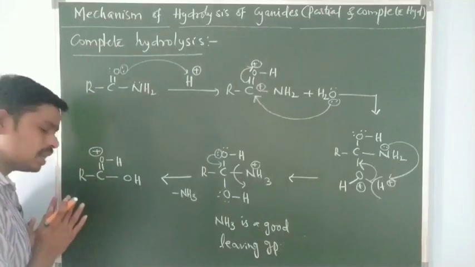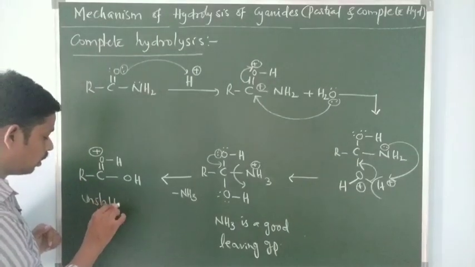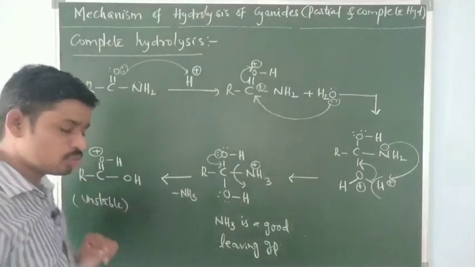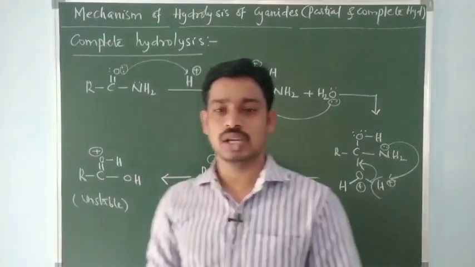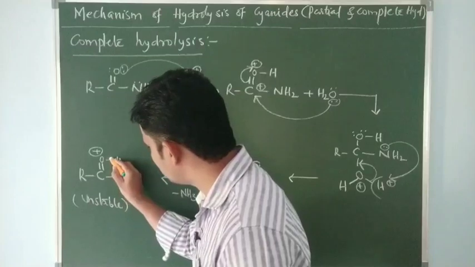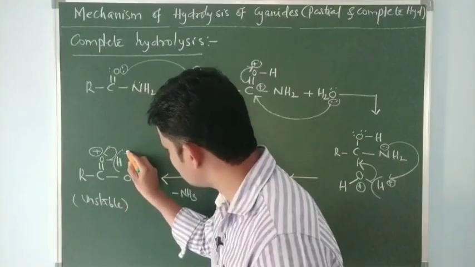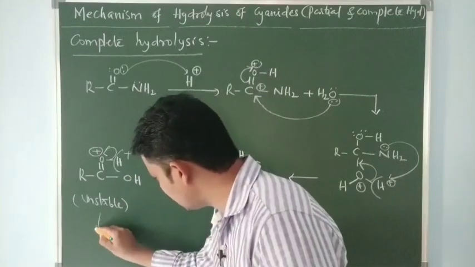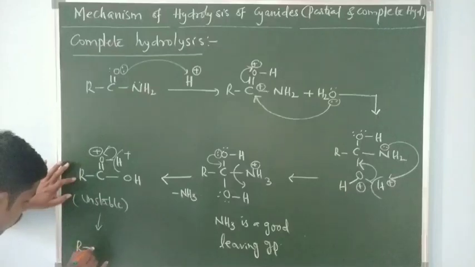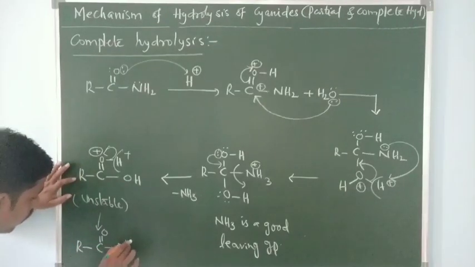Now this compound is unstable because on this oxygen there is a positive charge. Oxygen is more electronegative, so to get stability this bond is shifted to oxygen. Then hydrogen is removed as H plus. Then we get R C double bond O OH.